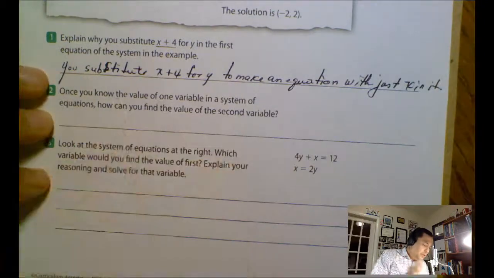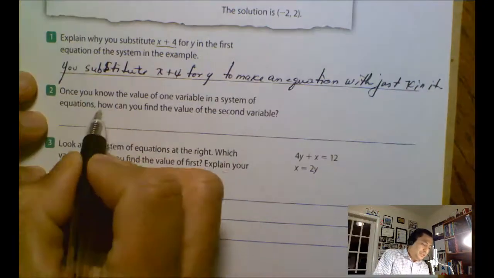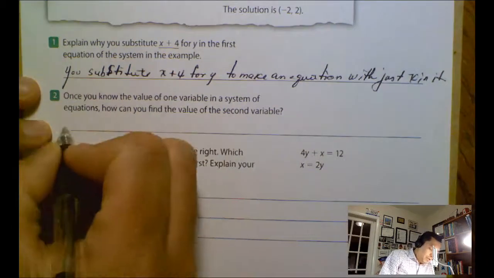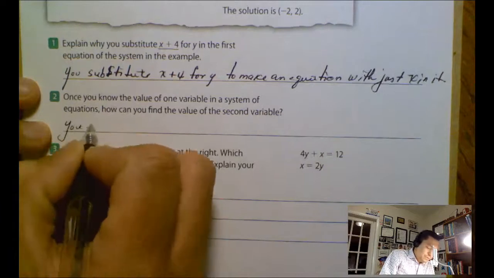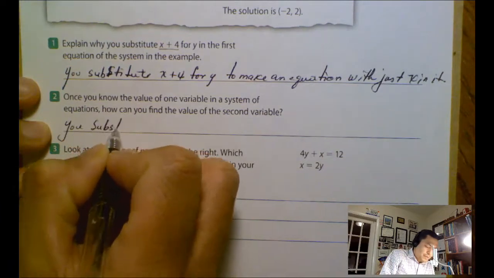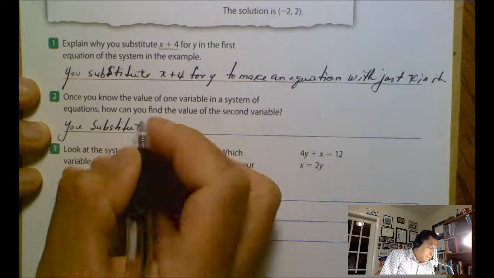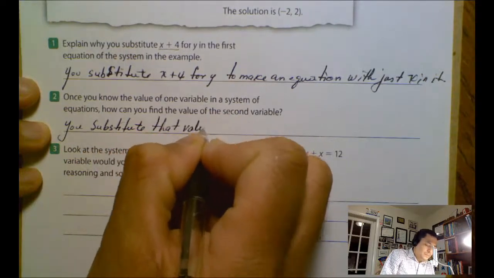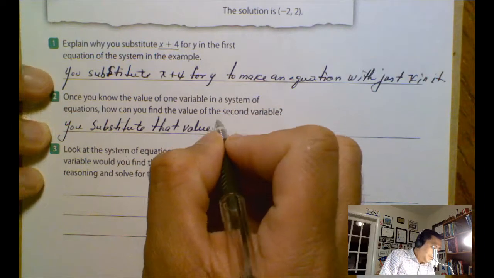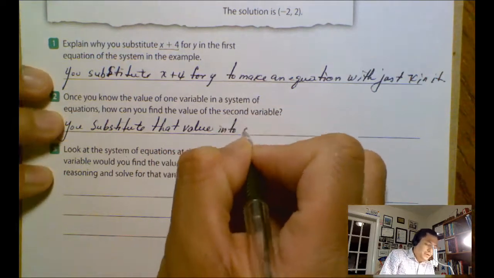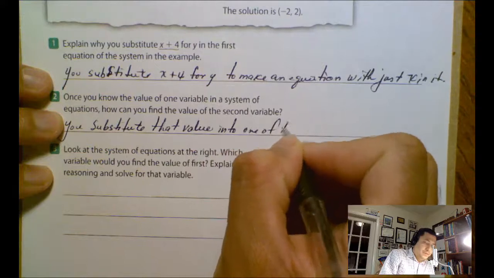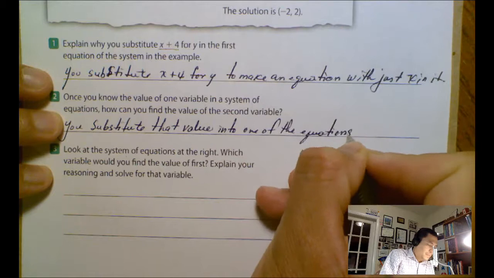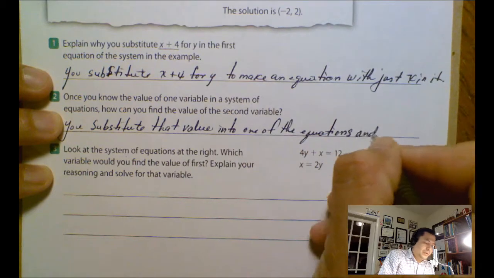Once you know the value of one variable of the system of equations, how can you find the value of the second variable? So in this case, you are going to substitute that value into one of the equations and solve for the second variable.